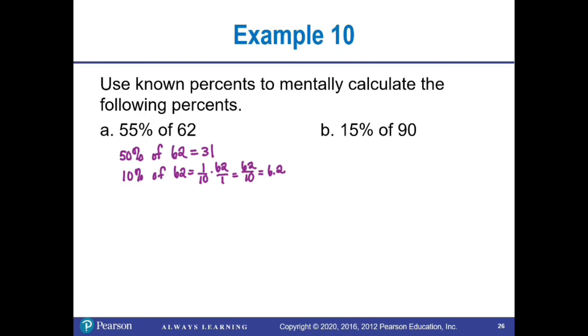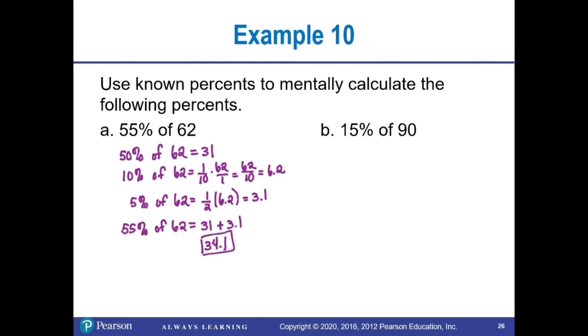Now, I need 55%. Well, 5% is half of 10%, so half of 6.2 would be 3.1. So to find 55%, I add the 50% and the 5%, so 31 plus 3.1, and that gives me 34.1.